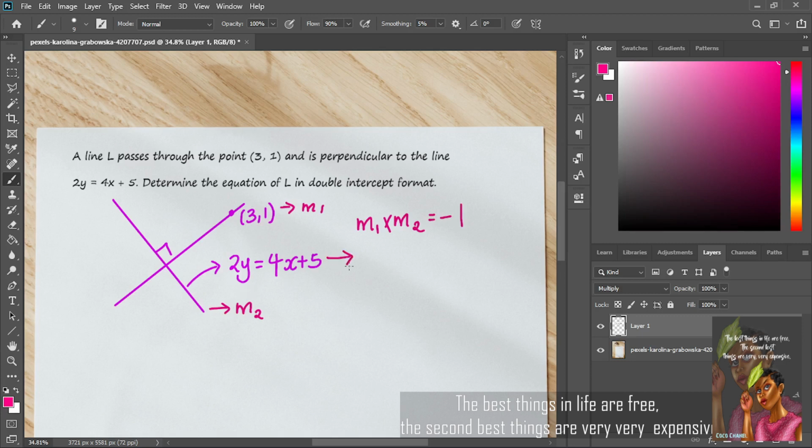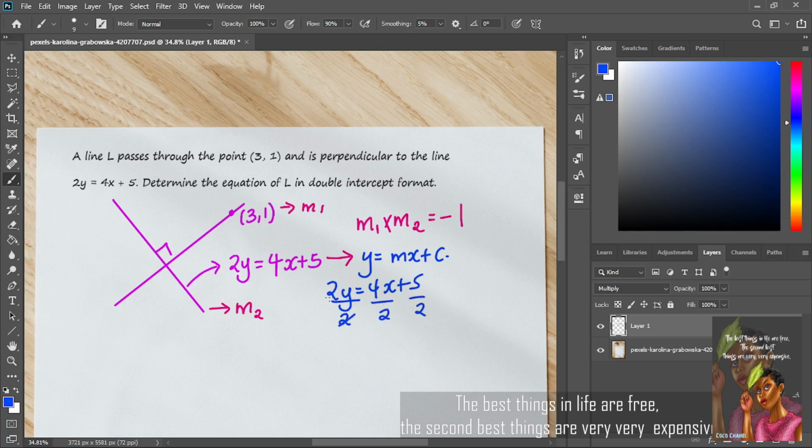And for m2, to be able to know it, I write the equation in the form y = mx + c. So in this case, I'll take 2y = 4x + 5, and I'll divide everything by 2 so that y remains alone.